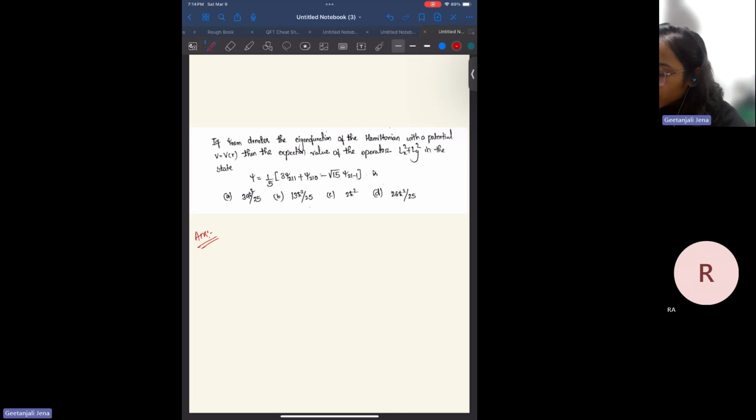So next problem, it says psi NLM denotes the eigenfunction of the Hamiltonian with a potential V of r. Then the expectation value of the operator Lx square plus Ly square in the state.